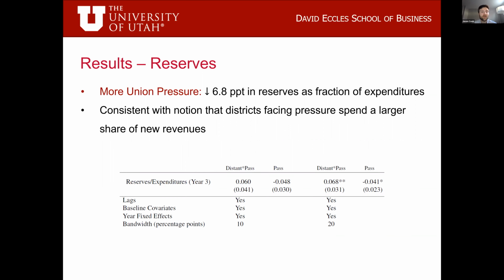Districts with more union pressure are spending down their reserves faster than the ones with less union pressure. This is consistent with the notion that districts facing union pressure maybe are allocating resources in ways that push them a little more than they can handle at the time. It puts a little extra fiscal stress on these districts.